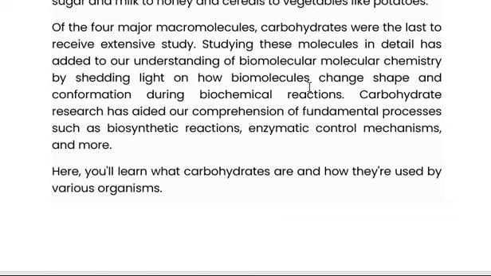Studying these molecules in detail has added to our understanding of biomolecular chemistry by shedding light on how biomolecules change shape and conformation during biochemical reactions.